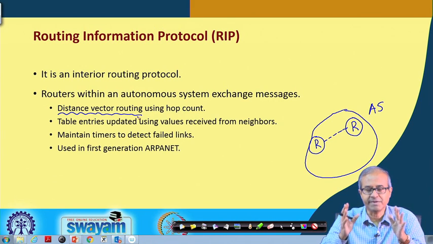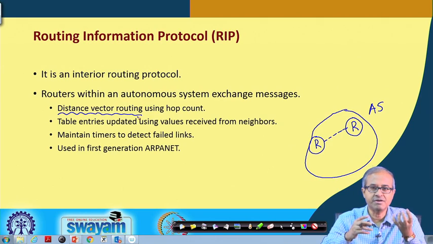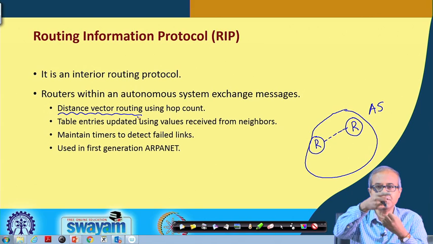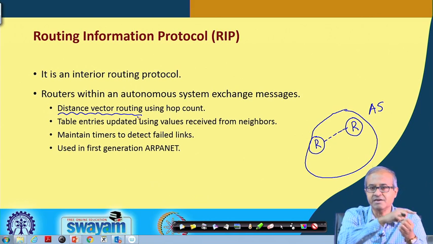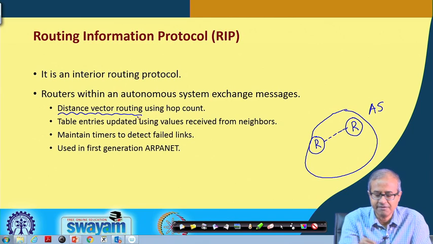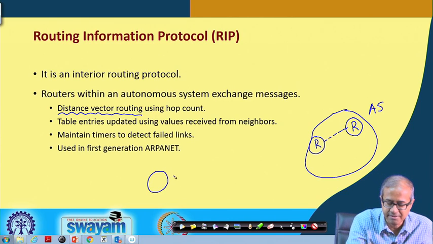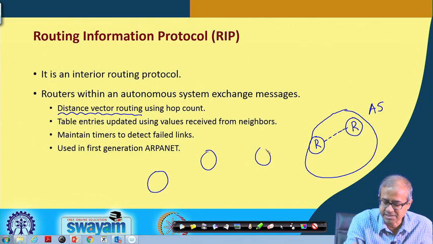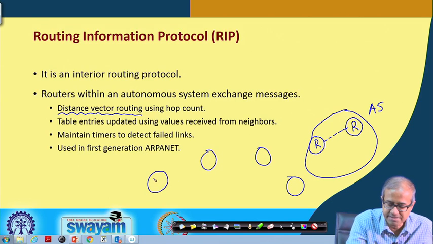Distance vector routing basically says every router will have some information about how far the other routers are from myself. Like for example, I have a router here, there can be other routers like this. Let us say this is router 1, router 2, router 3 and router 4.